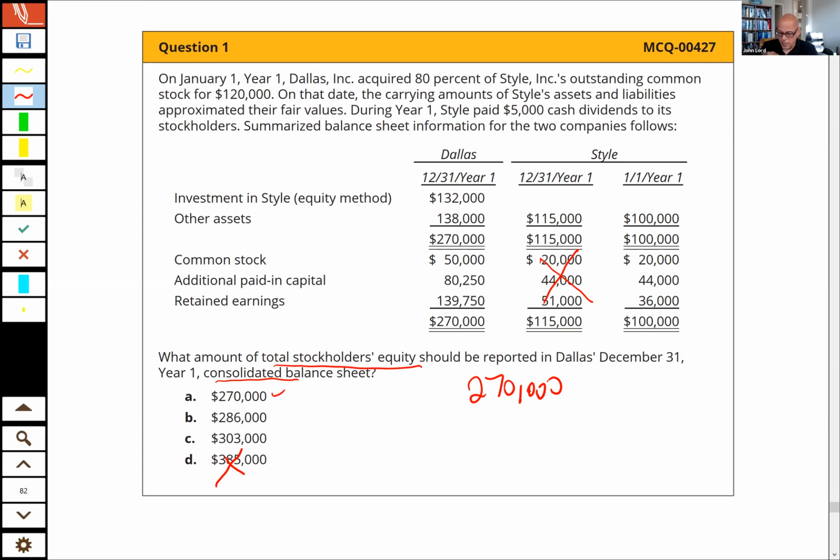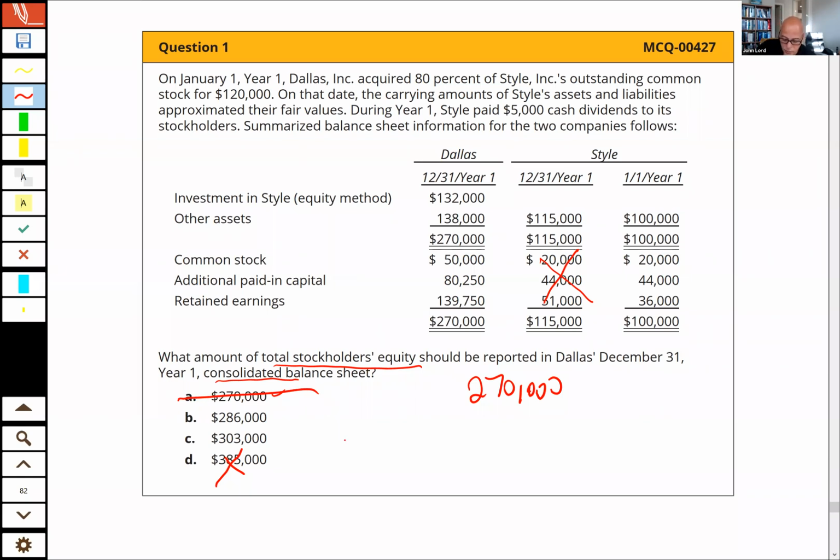We also had to add in the non-controlling interest. So my job now is to figure out what the non-controlling interest portion of the subsidiary stockholders' equity is. And remember, we said that the non-controlling interest portion of the stockholders' equity is like the retained earnings of the non-controlling interest. Okay, so I've gotten rid of two of these.